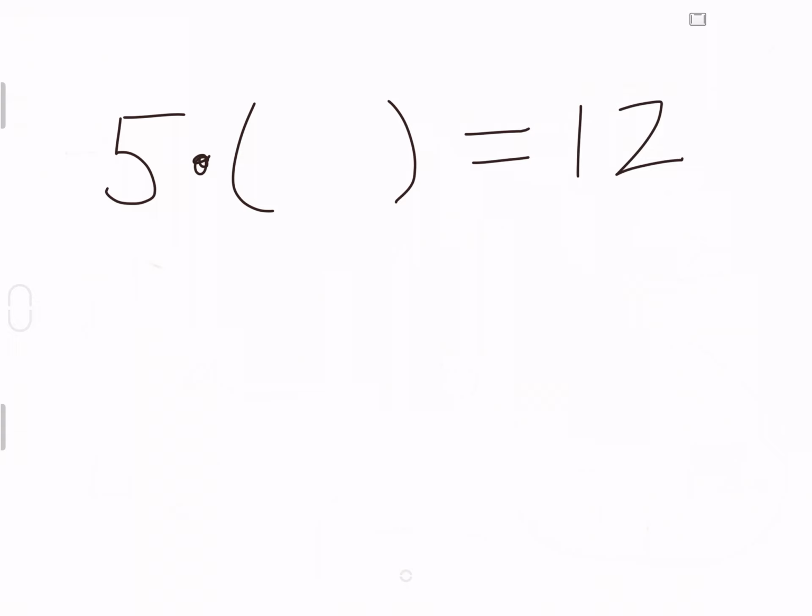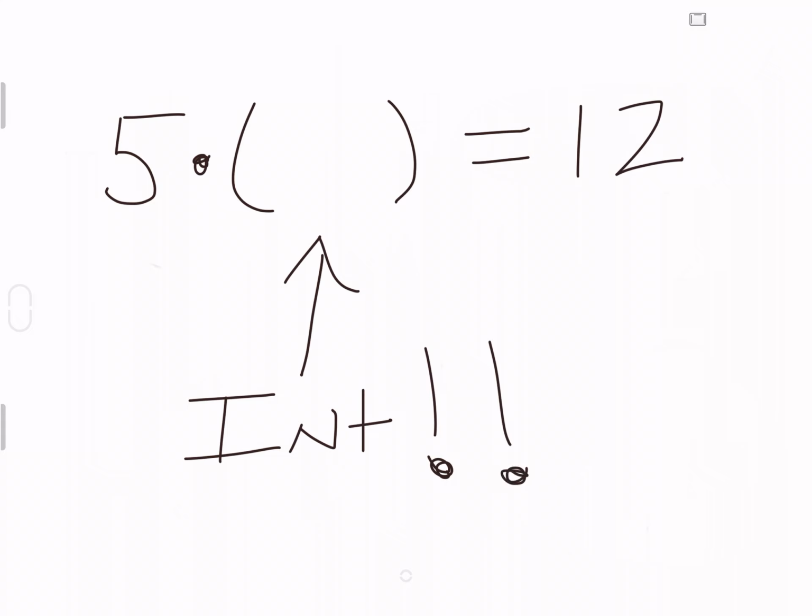So notice that if I'm allowed to use fractions, remember the real definition, this has to be an int. But if we allow this to be something that's not an integer, then we can make anything divide anything else just simply by going like this. 5 times 12 over 5 is equal to 12.